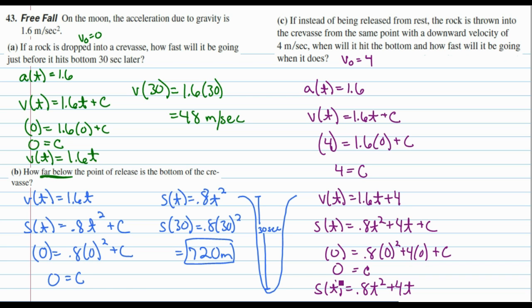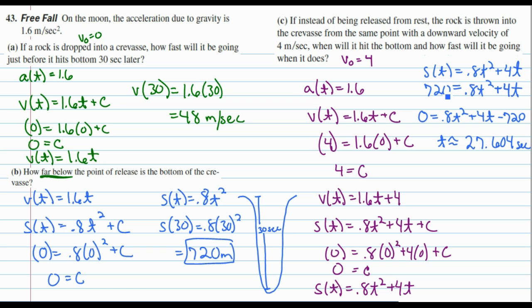Okay, so let's find out how much time it took for the position to drop 720 meters. So I plugged 720 in for the position, and with a little bit of quadratic formula, I got 27.604 seconds, so it cut about 2.5 seconds off the time to drop down to the bottom of the crevice.